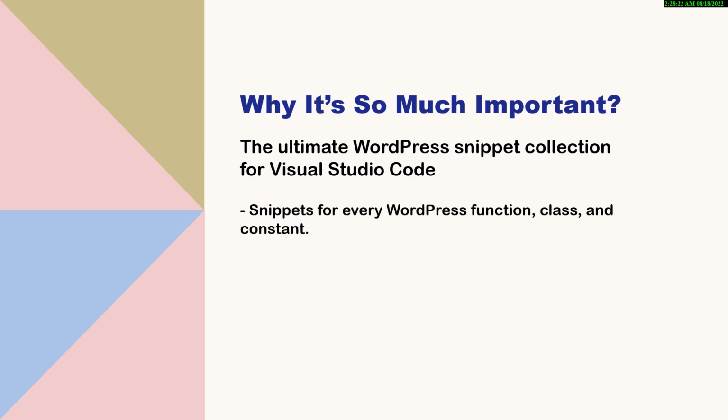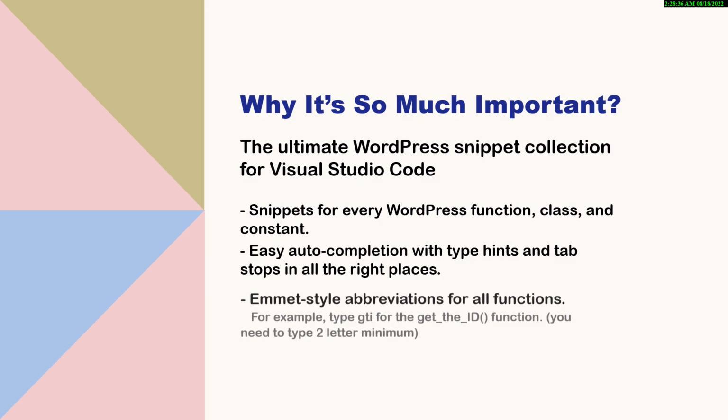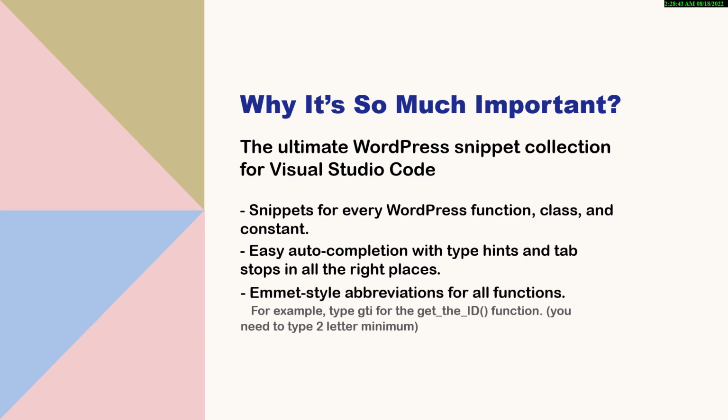Snippets for every WordPress function, class and constant. Easy auto completion with type hints and tab stops in all the right places. Emmet style abbreviation for all functions. For example, type GTI for the get the ID function. You need to type 2 letters minimum.